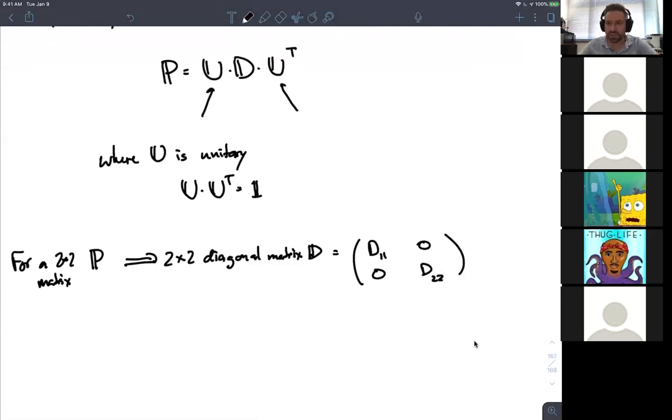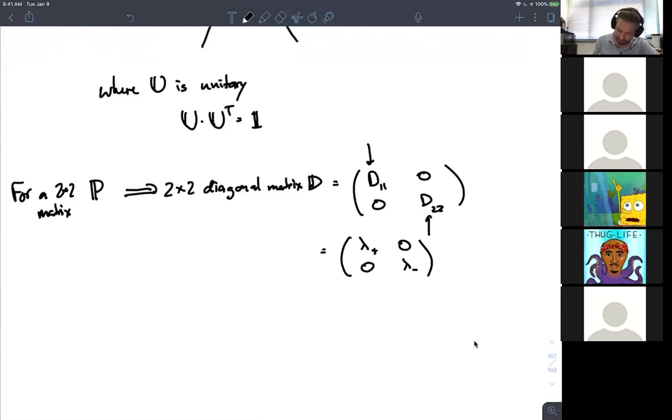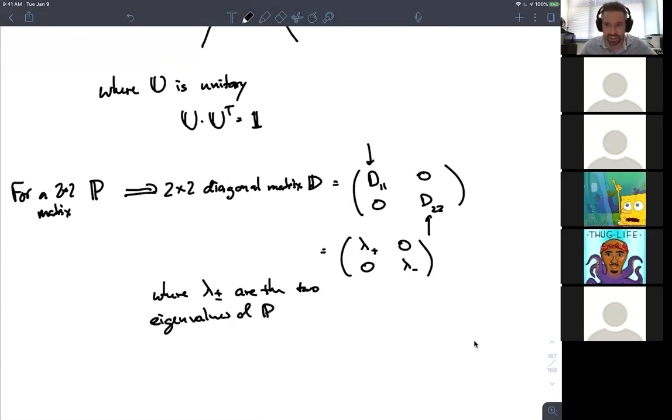That is the definition of a diagonal matrix. And when you diagonalize this thing, these values are what are referred to as the eigenvalues of your matrix P. So this is equal to what I'm going to call lambda plus and lambda minus, the two eigenvalues of P, where lambda plus minus are the two eigenvalues of P. This is essentially the definition of eigenvalues.